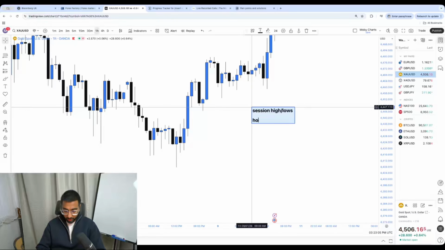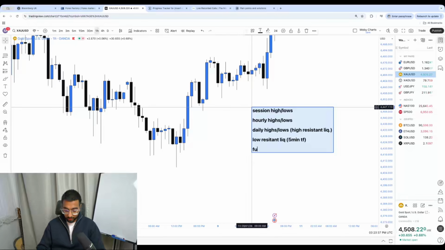We then had hourly highs and lows. Okay. Then we had daily highs and lows, which is high resistant liquidity. Okay. Then we had low resistant liquidity, which is obviously on the 5-minute time frame.